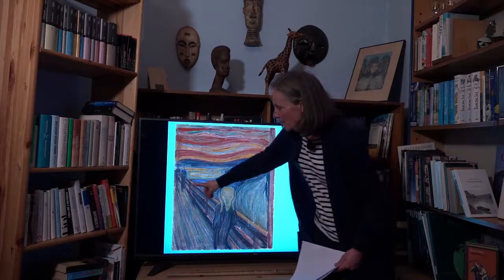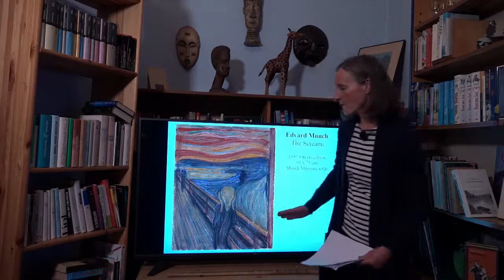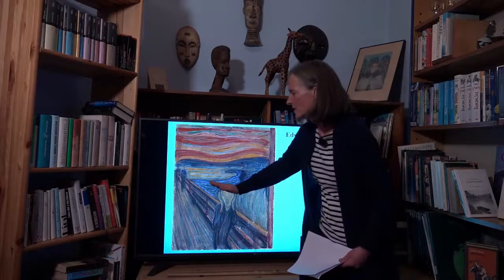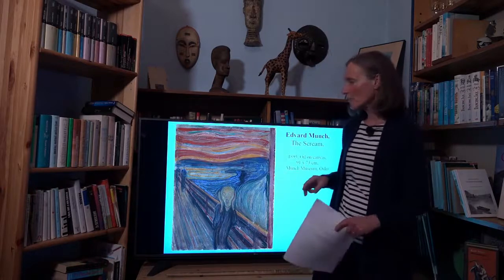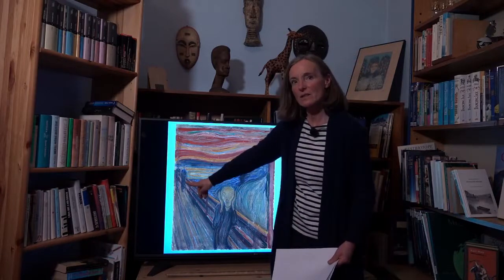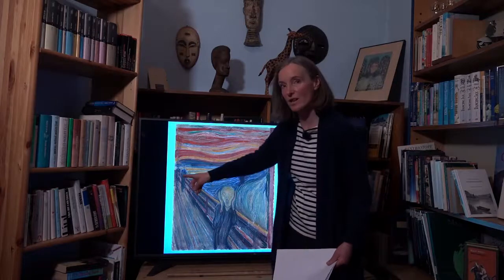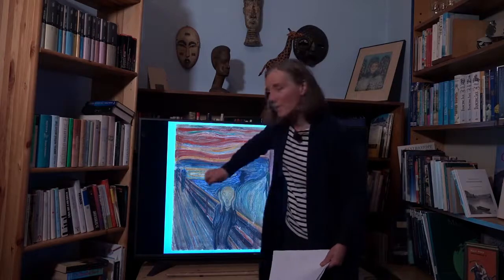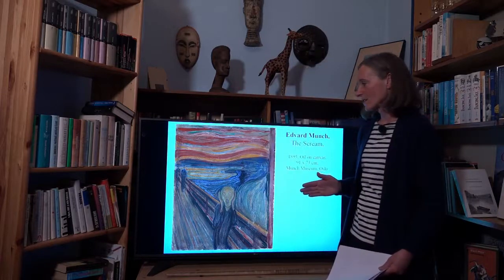When you look here at this pier going out into the fjord, very angular, very, very straight line, it makes us actually quite uncomfortable. And these lines lead us to these figures. We do not see actually who these figures are. They are parallel to each other, crammed into this corner, and they are also very angular.